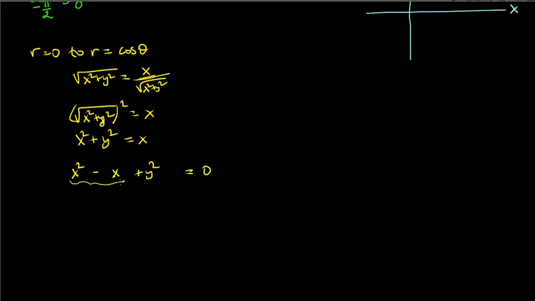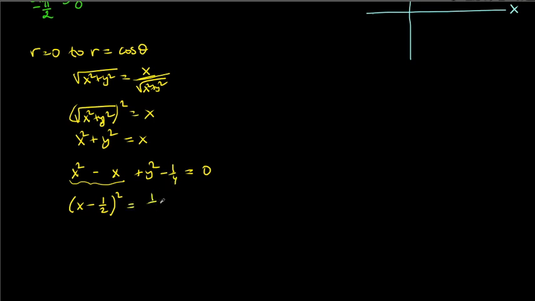If I complete the square here, I can think of this as x minus 1/2 squared, because this is just 2 times 1/2. But then I add a 1/4 here, so I also have to subtract a 1/4 to keep it the same. And then I can add the 1/4 to both sides.